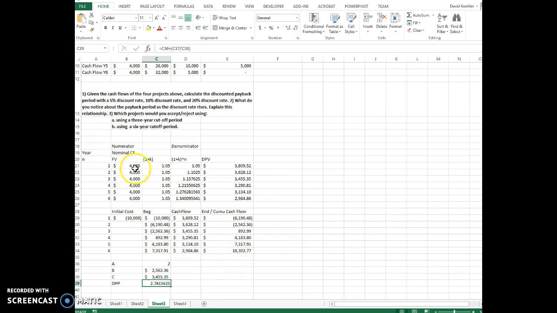Okay, and that's at the 5% discount rate. Now I could do the whole thing again and change the discount rate to 10%, but let me make this and this a certain color. We'll make 5% blue, and this is also going to be blue.